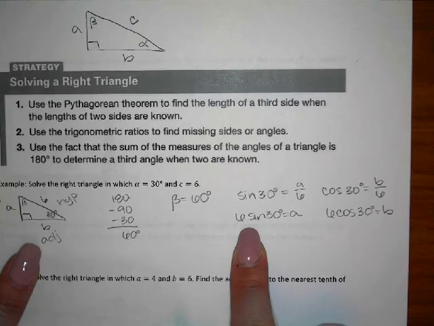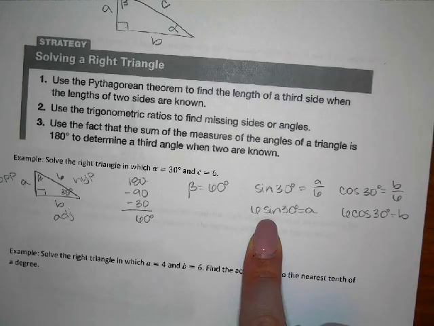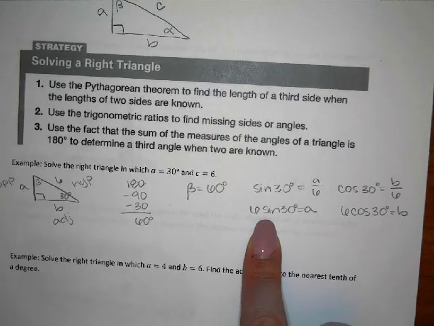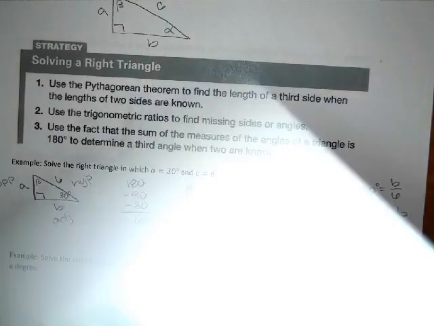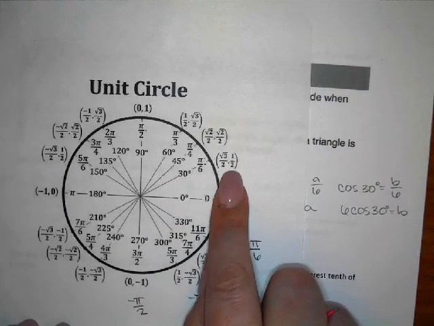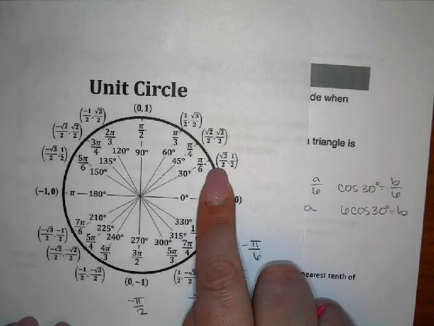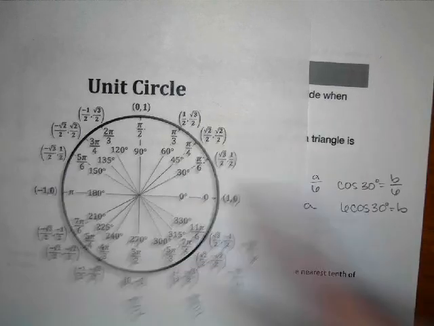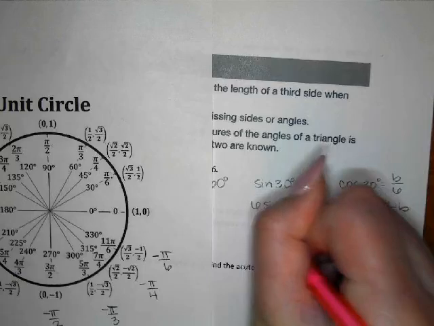So since I know that, I'm going to go ahead and use it rather than use a calculator and get a decimal. So sine of 30 is 1/2. Cos of 30 is root 3 over 2. So there's 30 right there. Sine of 30 is 1/2. Cos of 30 is root 3 over 2.